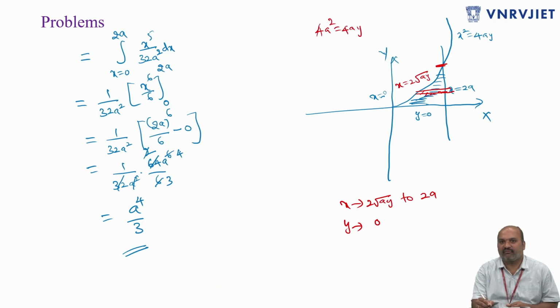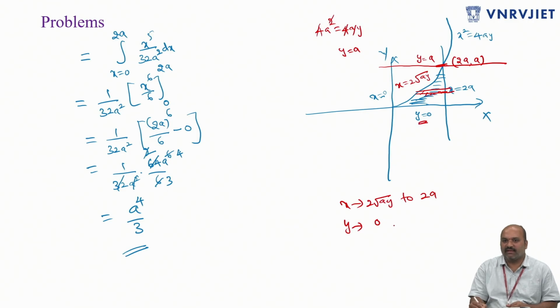That means 4 cancels, a cancels, so y equals a. That means the coordinates here are x coordinate 2a, y coordinate a. It means this is the straight line y equals a. So to cover this region, the horizontal strip has to move from the line y equals 0 to y equals a. So y varies from 0 to a.